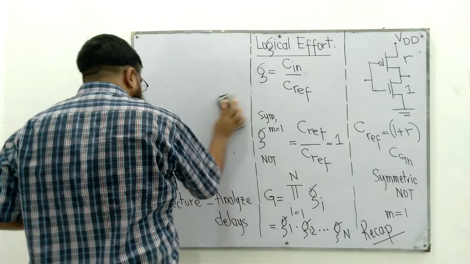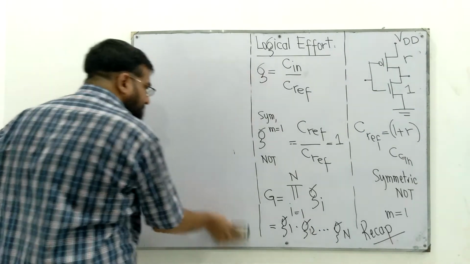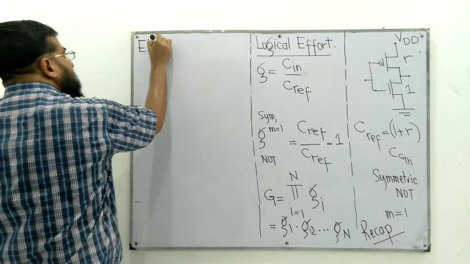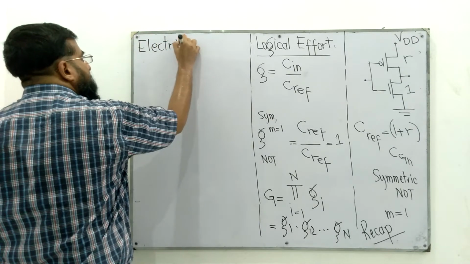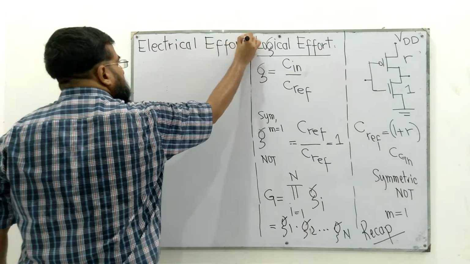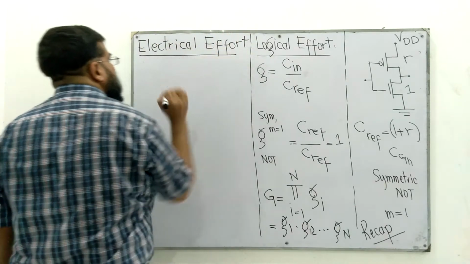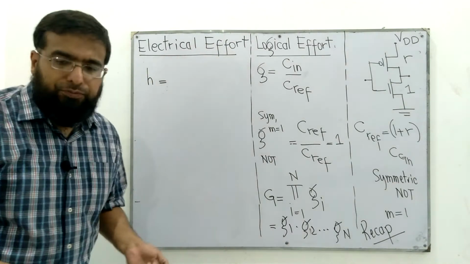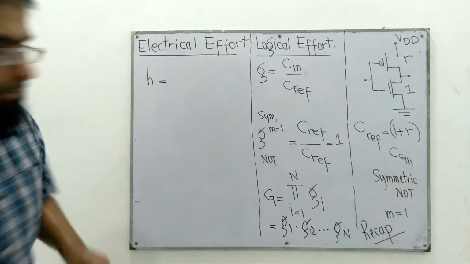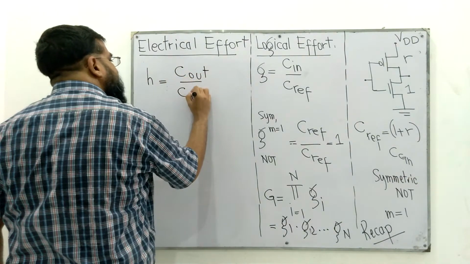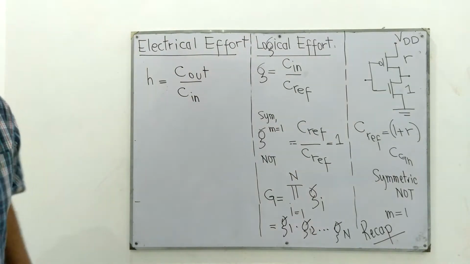One other concept related to logical effort is electrical effort, and we'll see how we combine these to find the total chain delay. Electrical effort is the second component of this technique. We represent it with small h and capital H. Small h is for a gate, which is the output capacitance of that gate divided by its input capacitance.